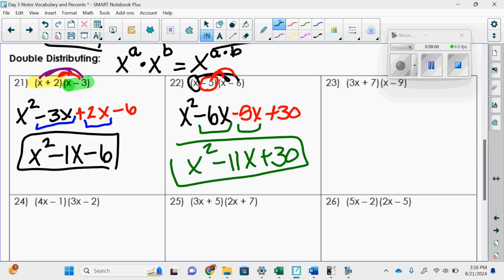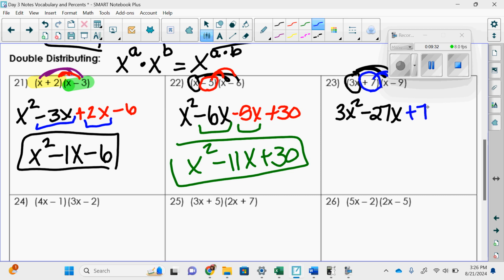Number 23, distribute the 3x into the x minus 9. So 3x times x gives us 3x squared. 3x times negative 9 gives us negative 27x. And now let's distribute the 7 into the x minus 9.